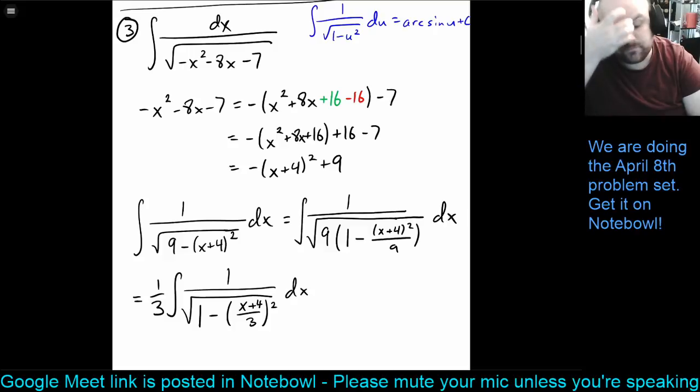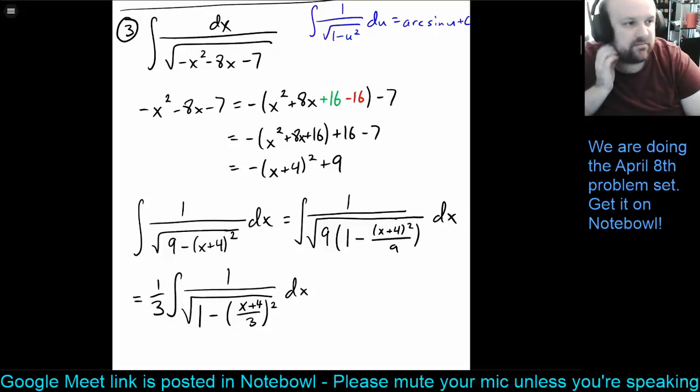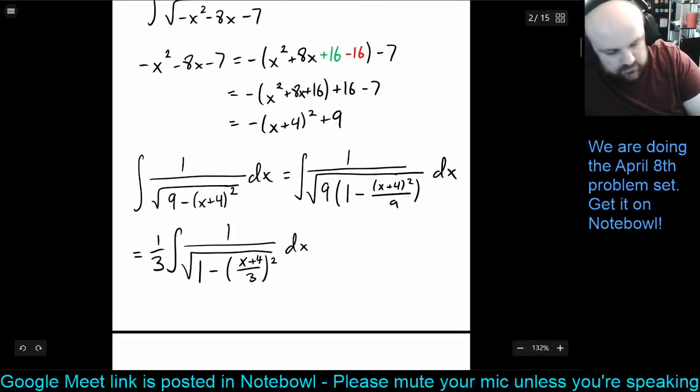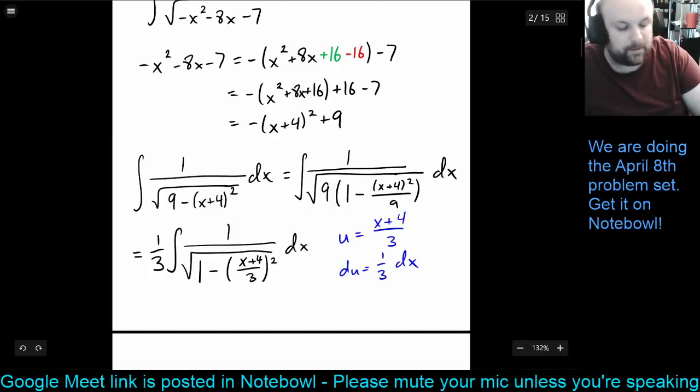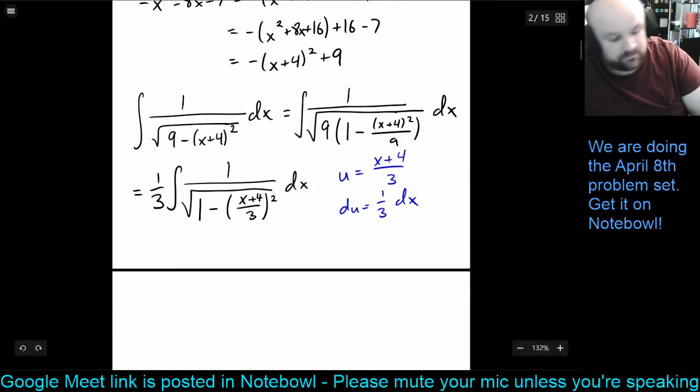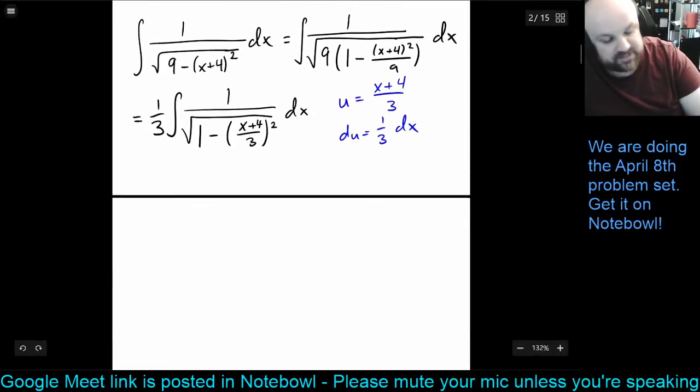All right. So how do we do this? Well, we're going to set u to be this stuff inside the square. This is why I grouped it. So then du is going to be 1/3 dx. Okay. So let's go ahead and get that substitution in there. Let me point out here that the 1/3 dx is right here.